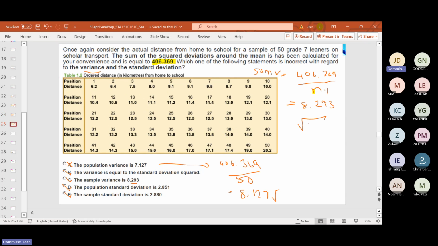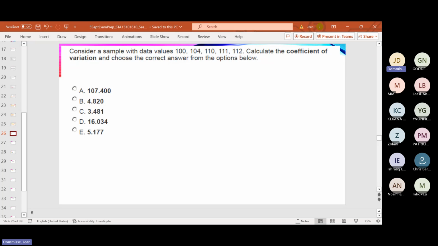So again, it could have been that this question is also based on those previous data sets. Okay, so let's quickly check coefficient of variation. I am not going to work out the mean and the standard deviation by hand. So I will quickly put this data in Excel.